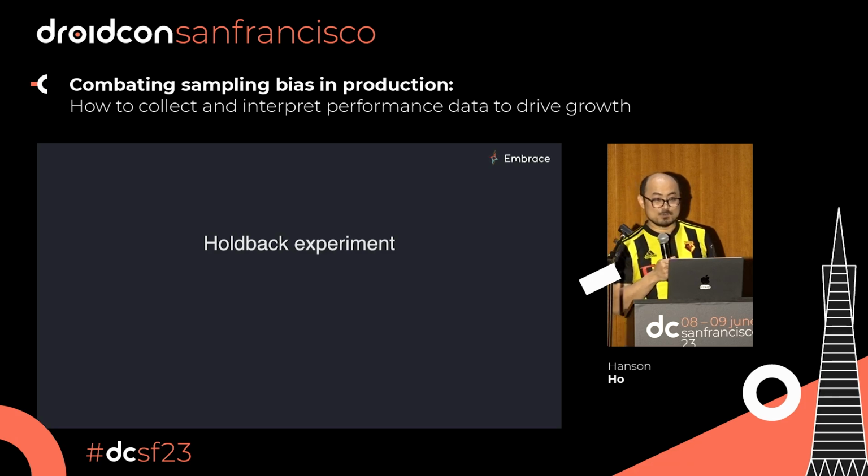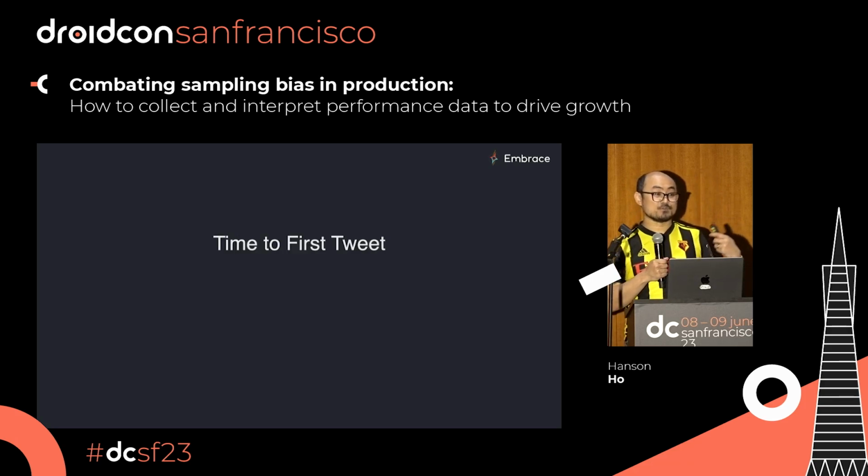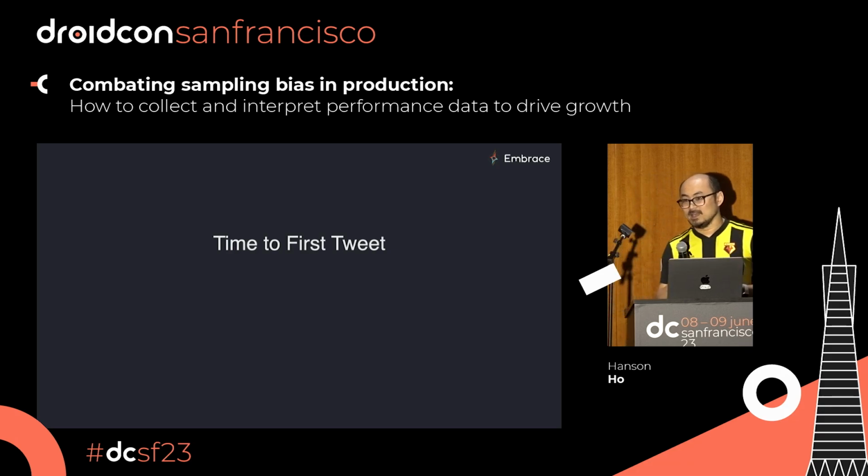What we did was improve a very specific metric, something called time to first tweet. It is basically app cold start plus the loading of cache. We made many, many improvements and then put it all in one experiment and see what it looked like in terms of how it affected metrics as users keep using the app for months and years, well, a year.